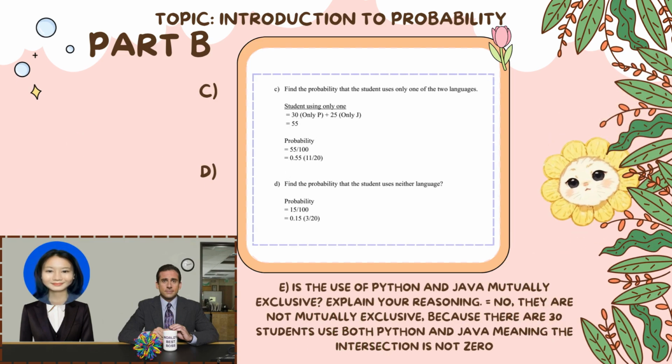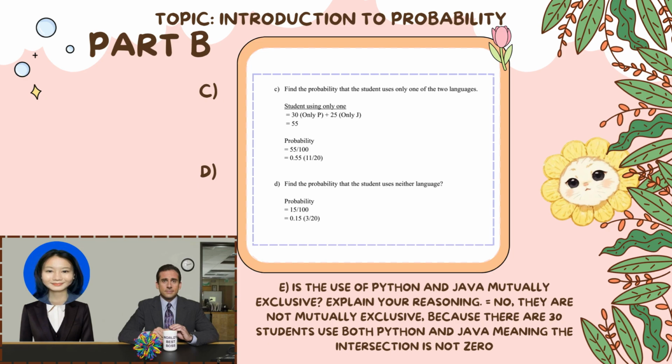Question C asks for the probability that a student uses only one language. We combine the 30 students who use only Python and the 25 students who use only Java, giving us 55 students. The resulting probability is 55 over 100, or 0.55.